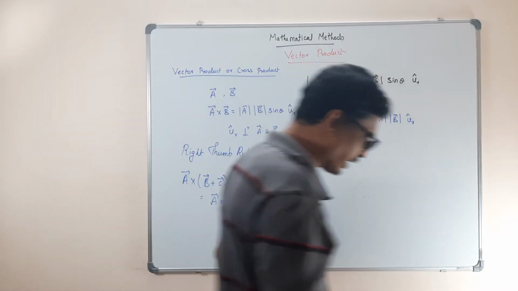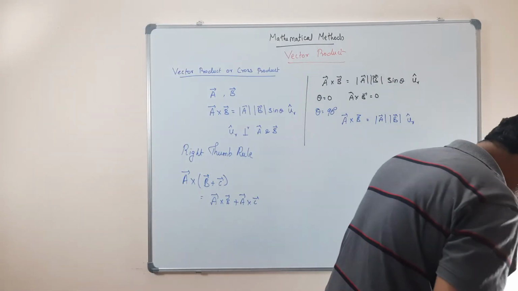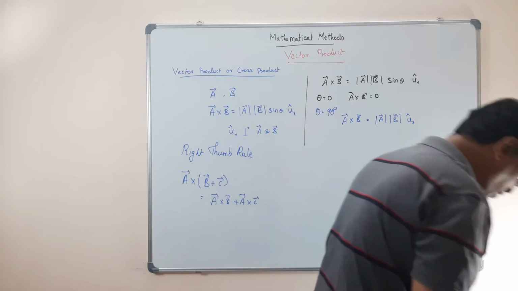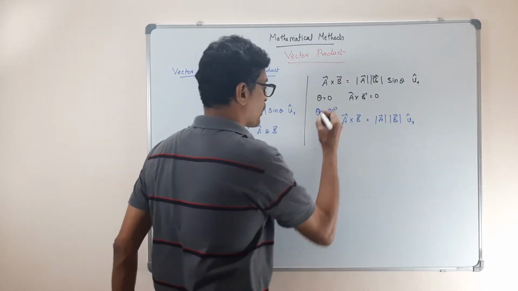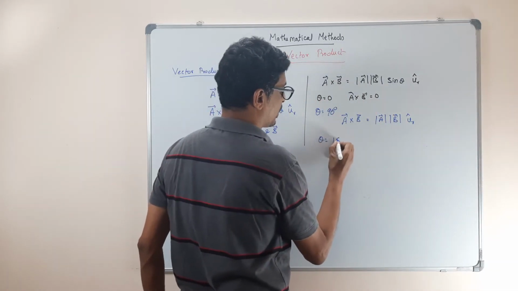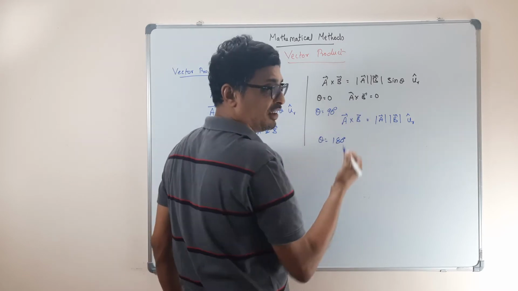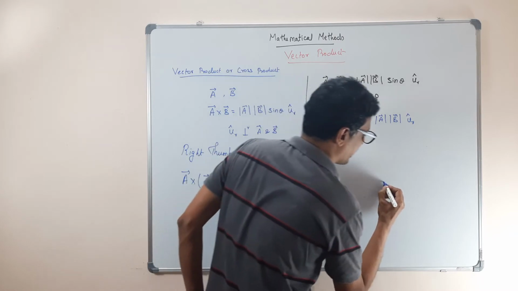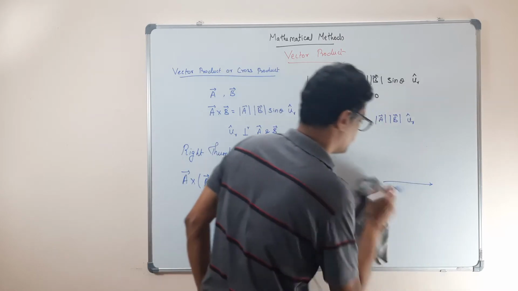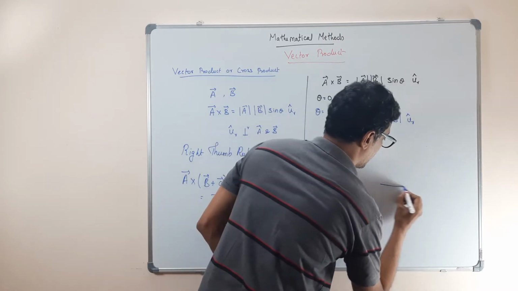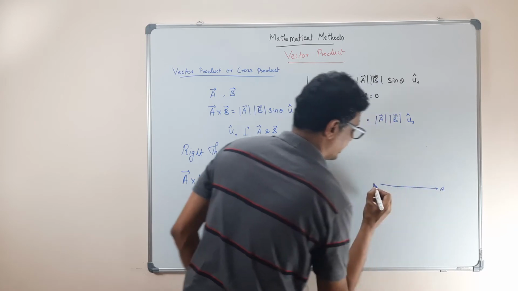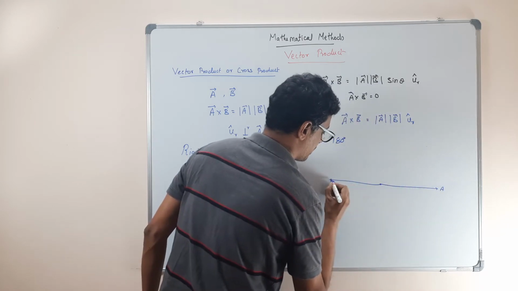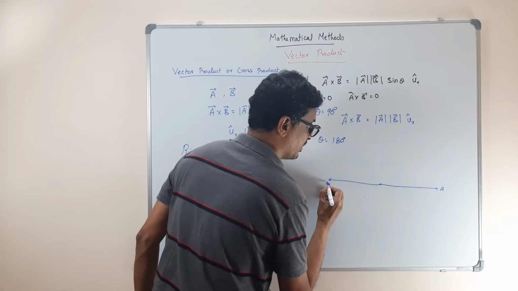You can do it for 180 degrees also. Tell me what will be 180 degrees? That is the same thing. When theta equals 180 degrees, sin 180 degrees is 0. And that's true, because you have one vector A like this and another vector B like this, for example.